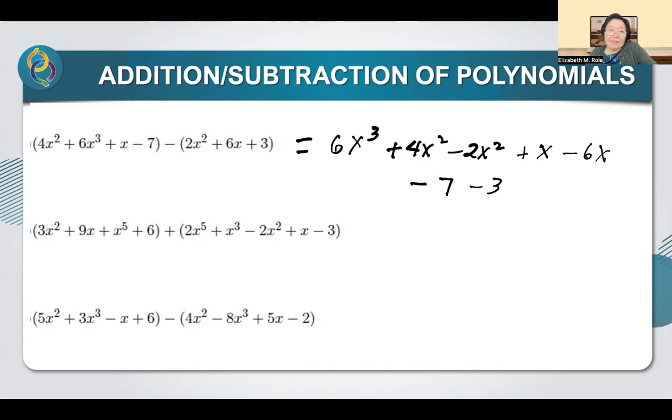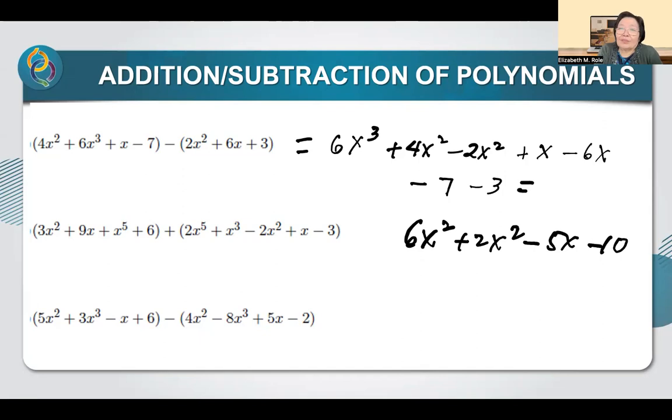Because it's a subtraction, all of the terms in the parentheses of 2x squared plus 6x plus 3 will change signs. That will become minus 2x squared minus 6x minus 3. Your final answer will be 6x cubed plus 2x squared minus 5x minus 10. Good.